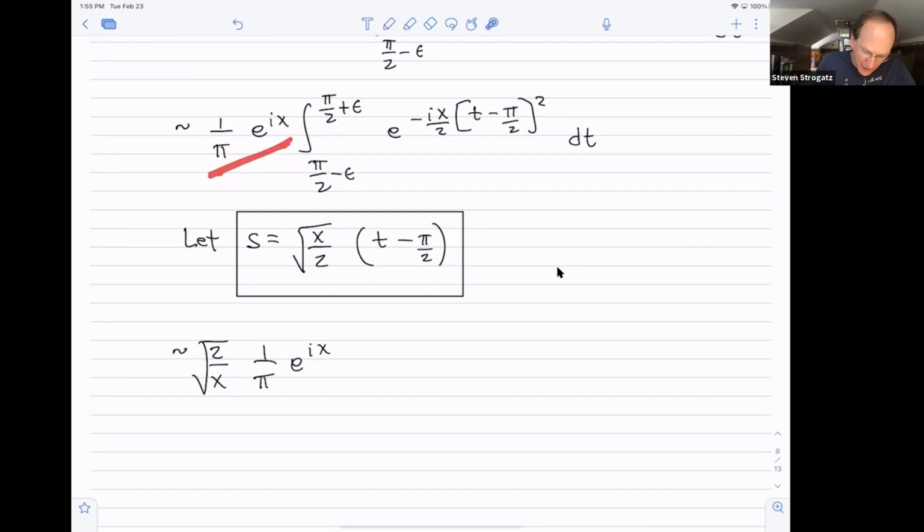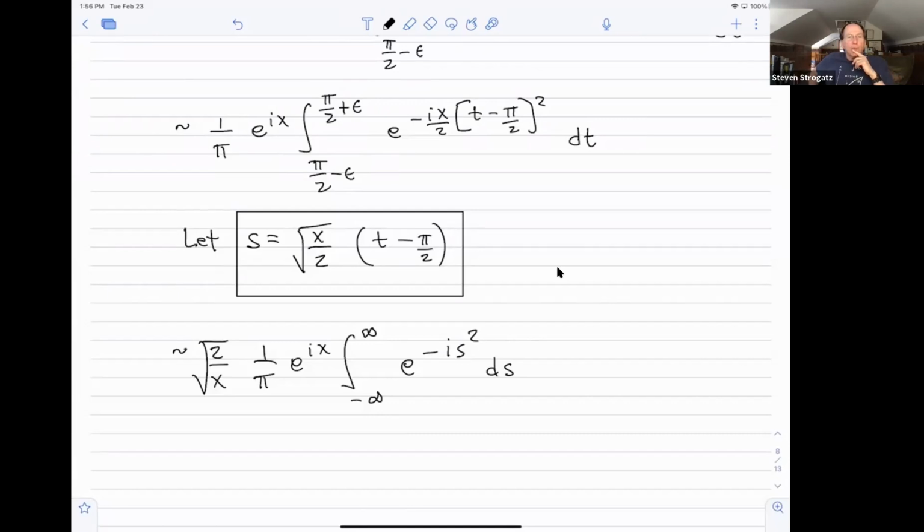I've cleaned up this stuff with this change of variables so that it has now become an integral. And here comes a little surprise. What used to be pi over 2 plus or minus epsilon is now going to become minus infinity to infinity. And I'll explain why in a second. And then the whole point was that this integrand is now nicely cleaned up to just e to the minus i s squared ds.